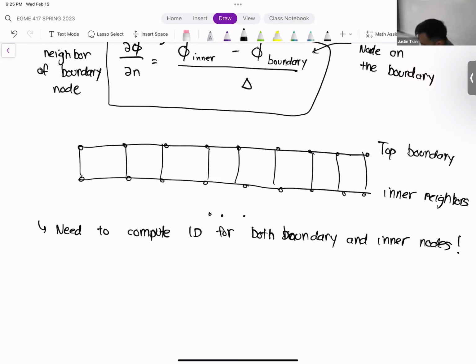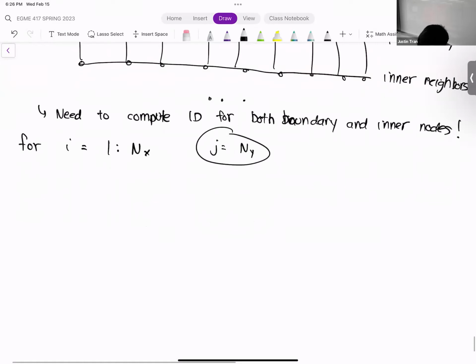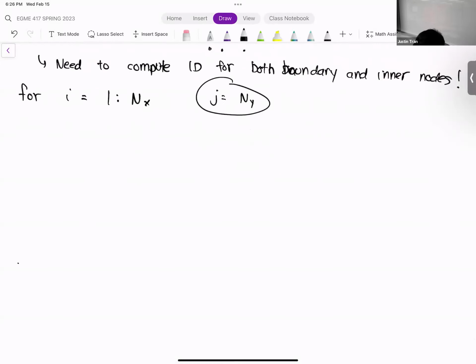All right, so let's look and see what this code looks like. Remember, we're on the top boundary. And so for the top boundary, we know the i coordinate is free. So for i goes from 1 to nx. And we know the j value is fixed here. The j is going to be fixed at ny. Let's compute the ID number for the boundary node first.